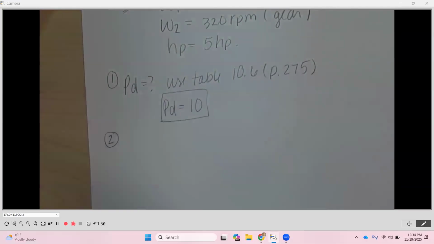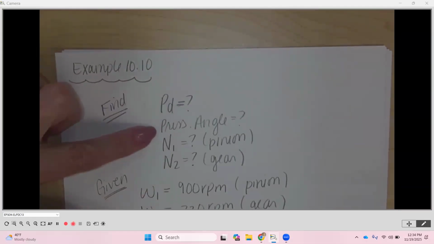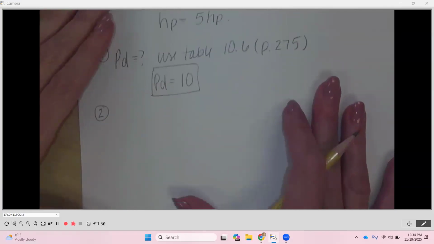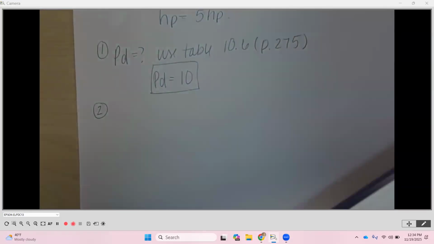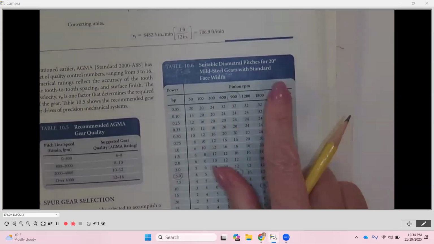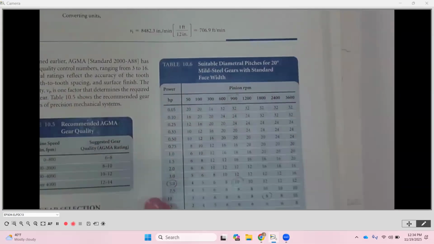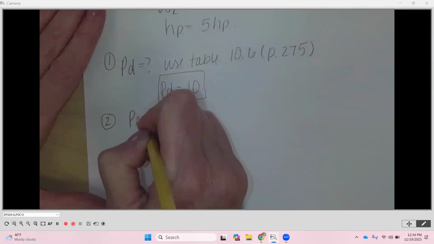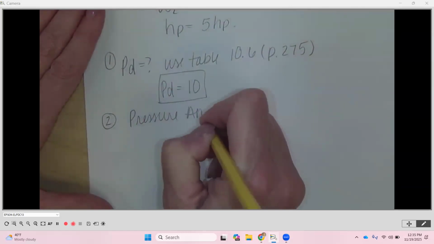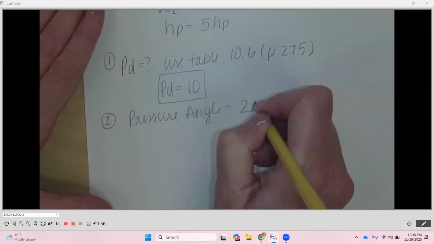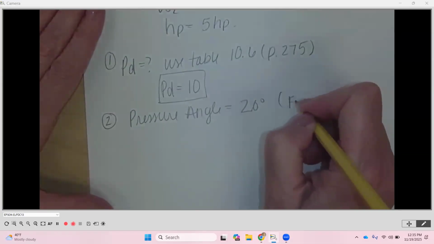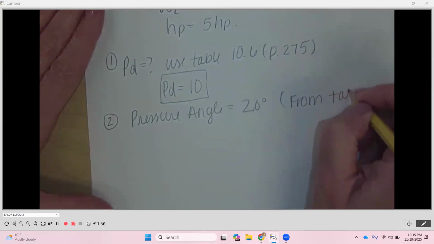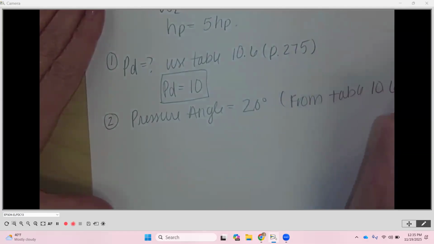Then the next thing we need to do is determine the pressure angle. Now the pressure angle was kind of determined for us, because by using that chart, it says it's 20 degrees. So we're just going to say our pressure angle equals 20 degrees, and that's from table 10.6.